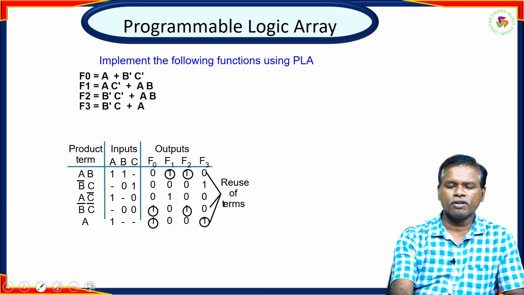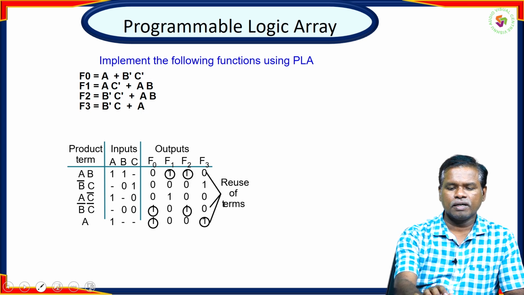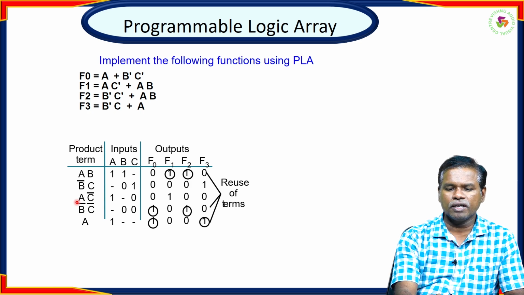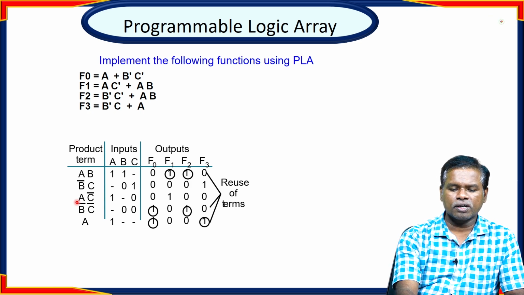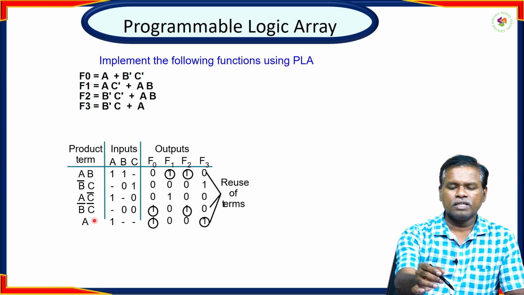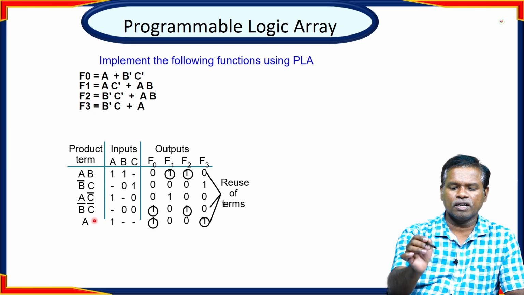Overall, across the 4 expressions, we have different product terms: the term AB, B bar C, AC bar, B bar C bar, and the term A. These are the product terms present in all 4 Boolean functions.